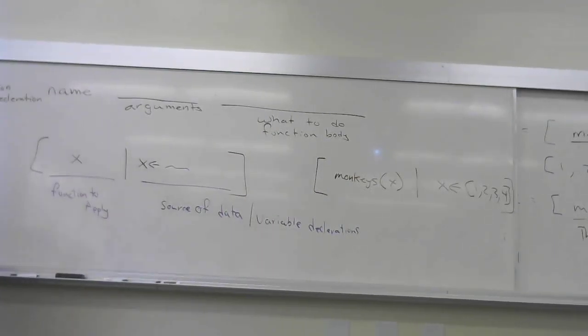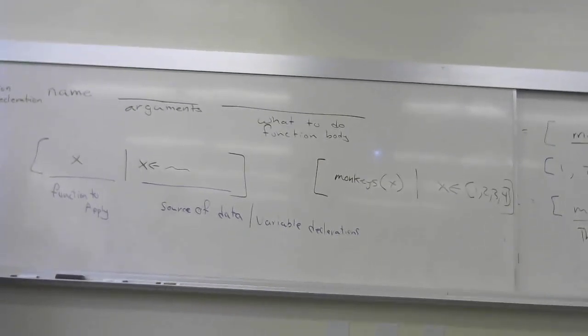So the 1, 2, 3, 4 would be the original part. The arrow is the for v in x comes from that. Less than minus sign. Yeah.